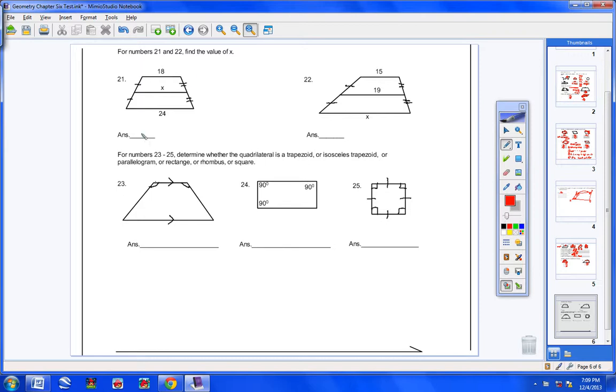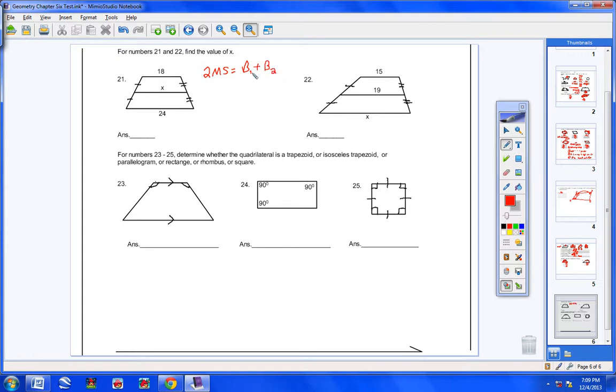Now, let's take a look at numbers 21 and 22. Find the value of x. I'm a pretty good teacher, decent teacher, but I have forgotten what the formula is, so I'm trying to think what we do. We add these two together and divide by 2. So I guess we could say 2 times the midsegment equals base 1 plus base 2.